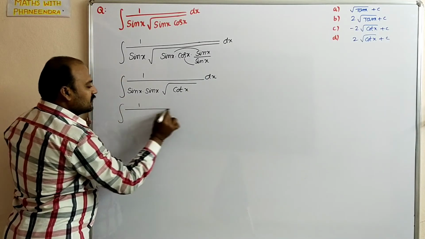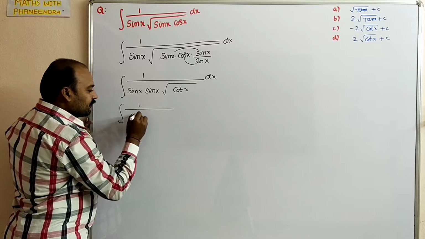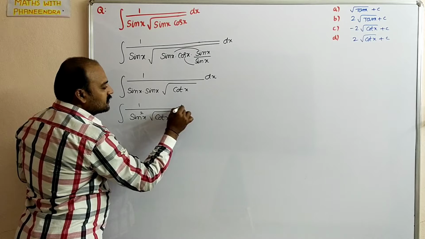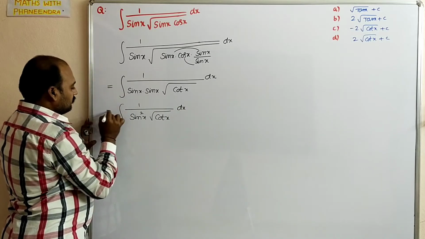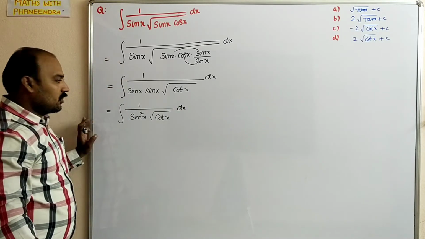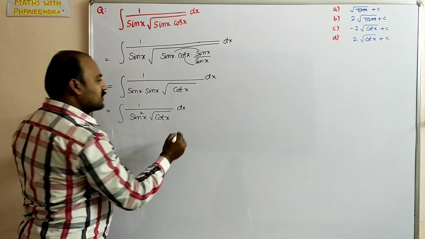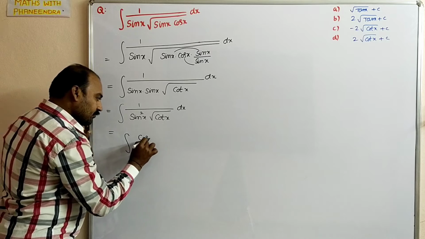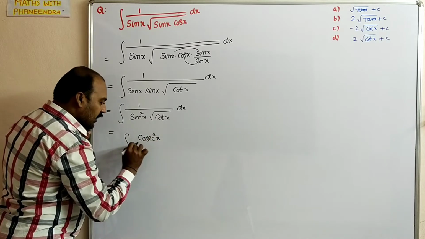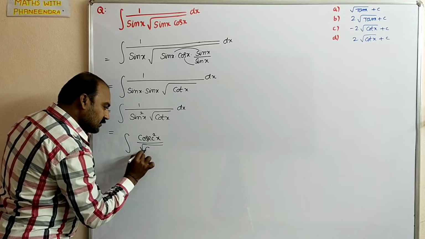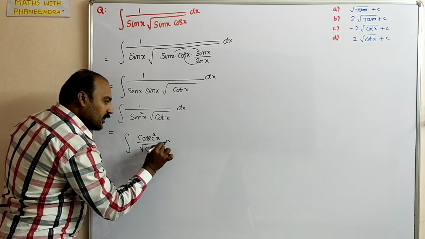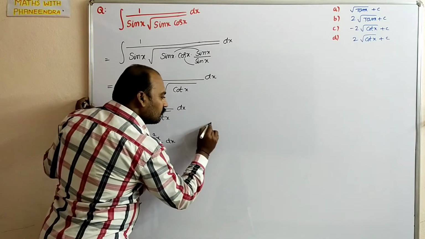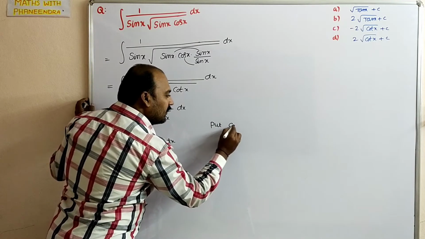Integral 1 by sin square x into square root of cot x into dx. 1 by sin square x is cosecant square x, divided by root cot x into dx. Now put cot x equal to t.